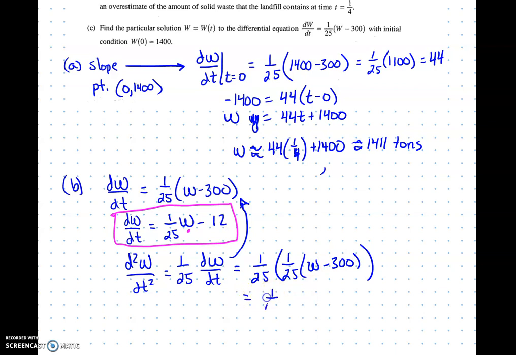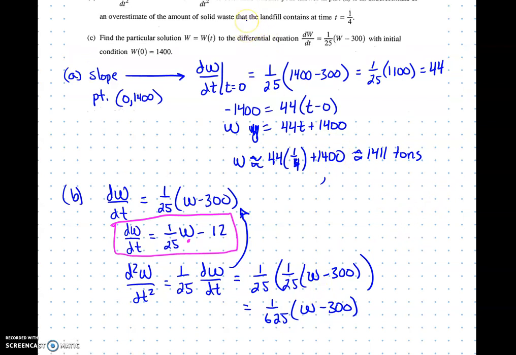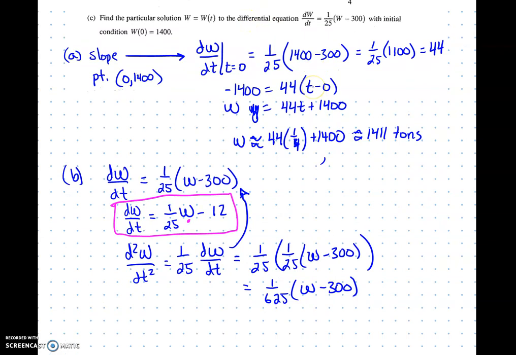So this is 1 over 625 times w minus 300. That's a point. Now it asks, is this an underestimate or an overestimate?